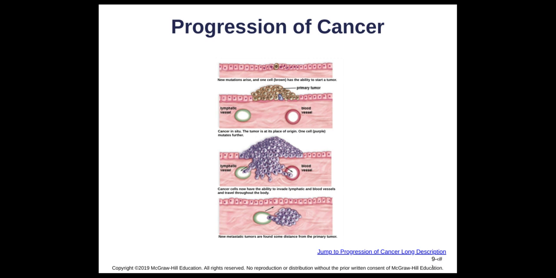It'll make copies and copies and copies and grow on top of each other. If it reaches into blood vessels and veins or the lymphatic system, then it is able to travel all over the body and can show up in new places. And then new tumors are found far distance from those primary tumors.